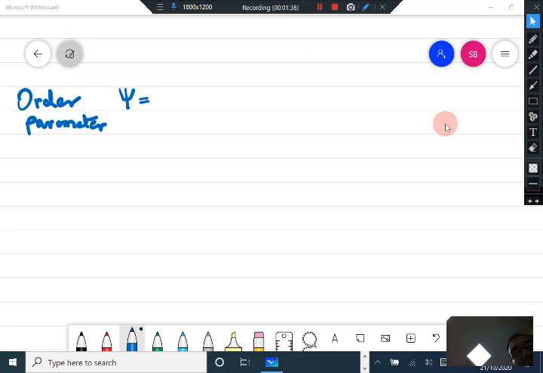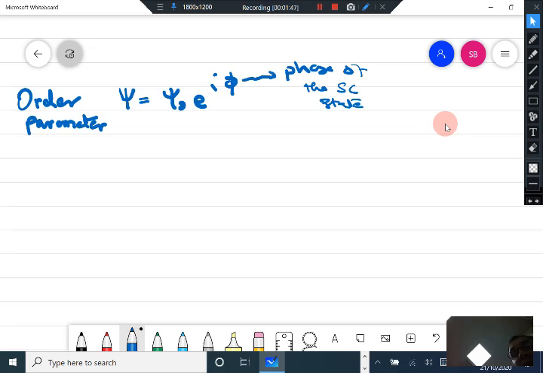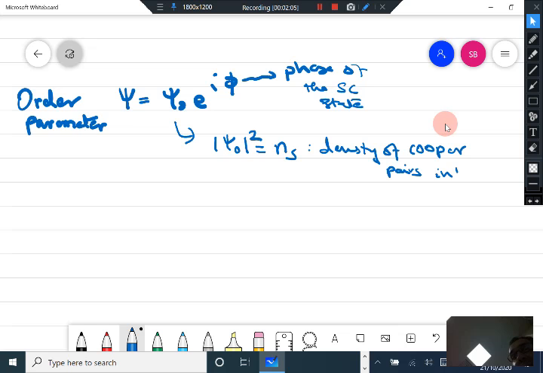So the order parameter is psi naught e raised to i phi, where phi is the phase of the superconducting state. So the entire superconducting state is treated with one single phase phi, and psi naught square is basically the density of Cooper pairs in the superconductor.